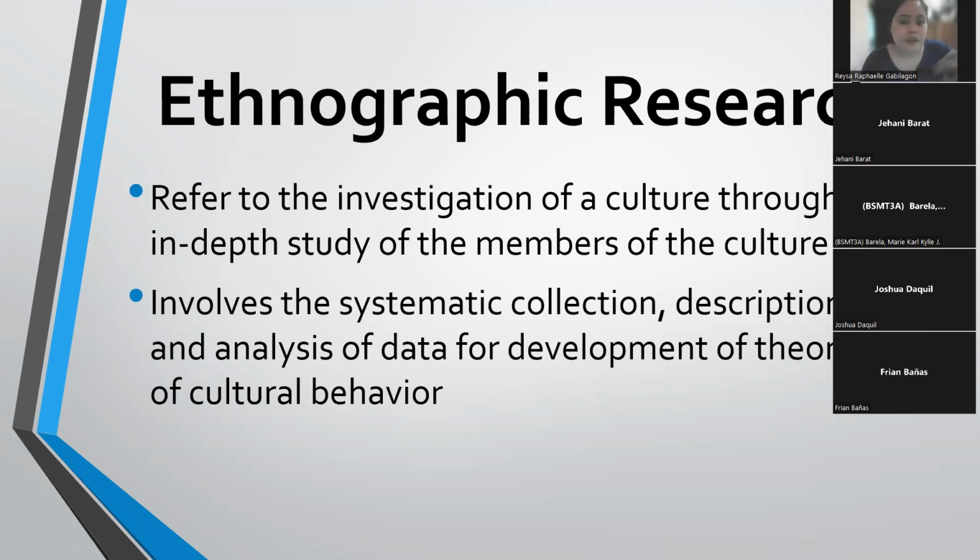Tapos, aside from nag-observe siya, nag-interview din siya, like mga leaders in that community. Nag-interview siya paano sila nag-diagnose ng sakit, paano din sila naggagamot. Example, may ubo sa kanila, paano nila ginagamot yung ubo. Okay? So that is ethnographic research.